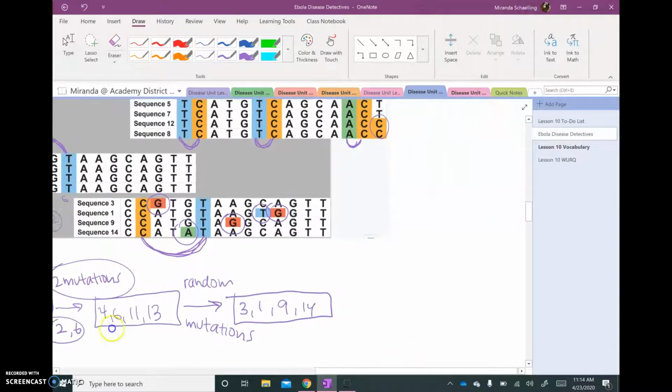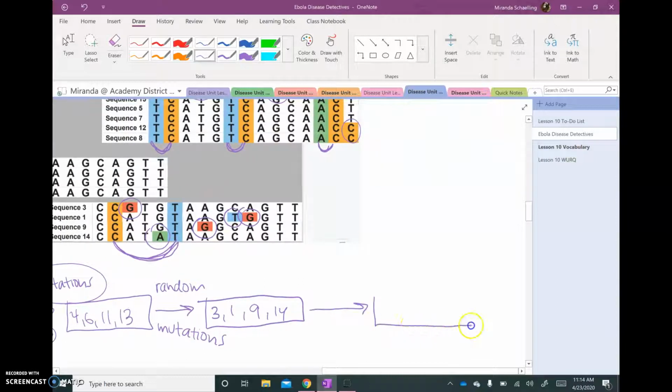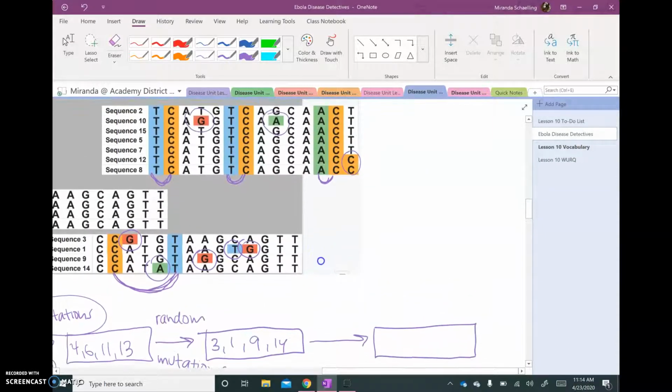And then the last group, we've got 2, 10, 15, 5, 7, 12, 8, and their additional mutations are at 1. So they have 1, 2, 3, 4, 4 new mutations.